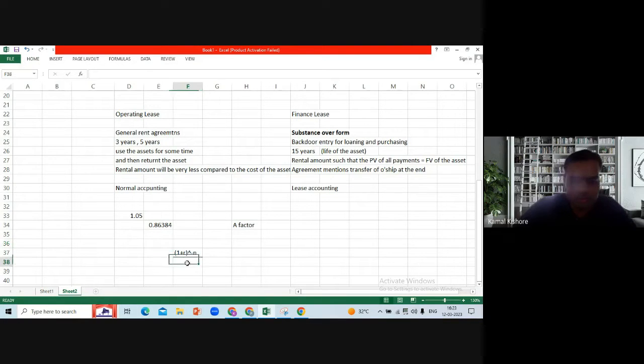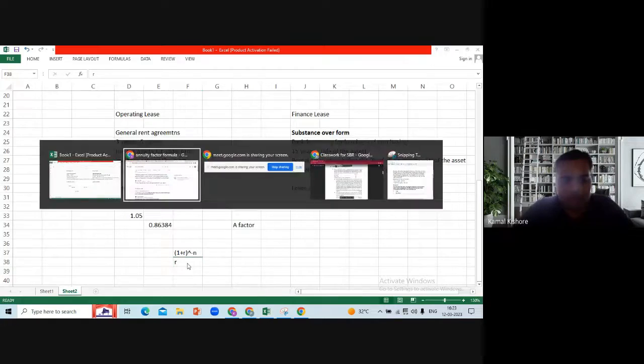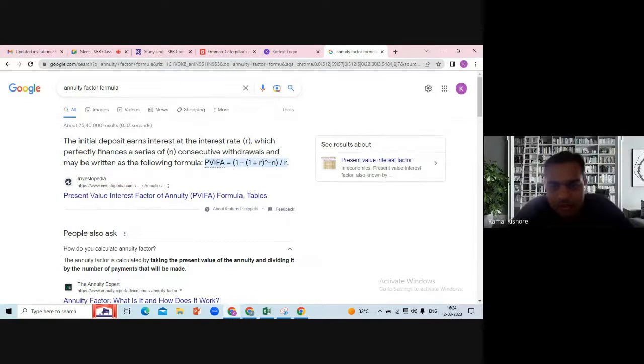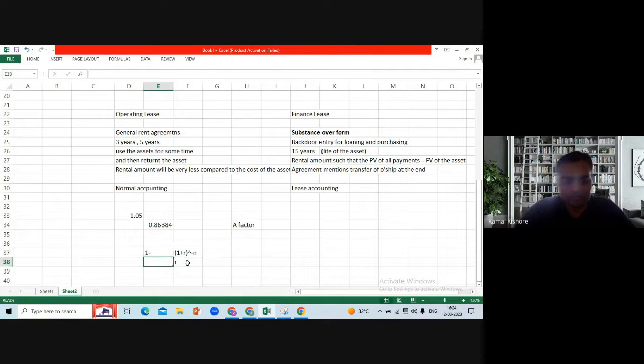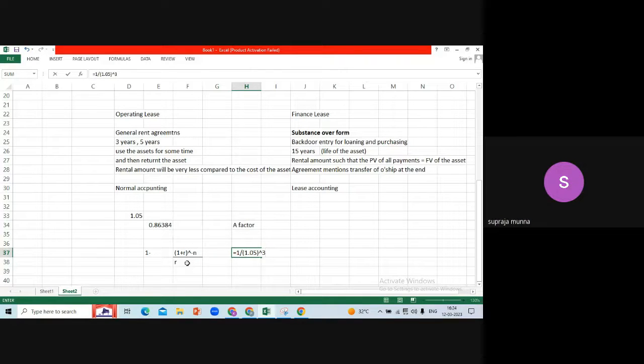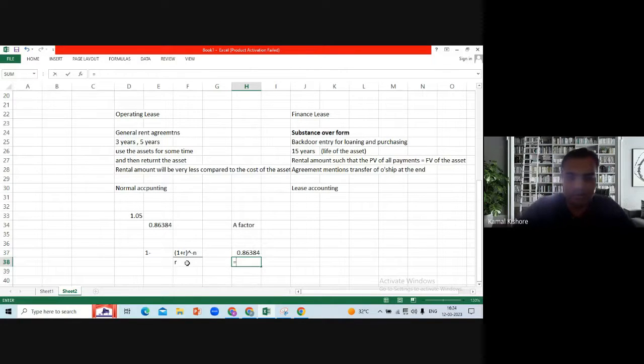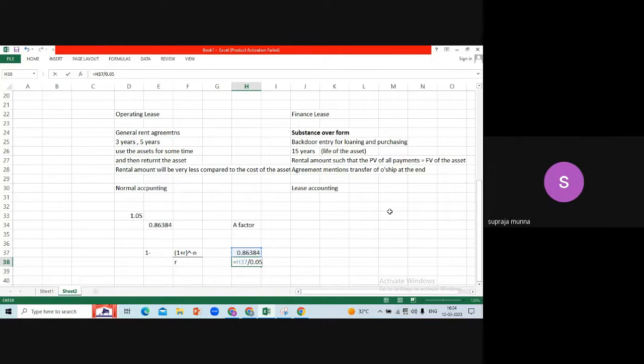This is required only when we are doing manually. If you can use Excel, then it is not required. So basically, power minus n means I can bring this 1 plus r exponential down: 1 divided by 1.05, whole power 3. This entire thing has to be divided by 0.05.